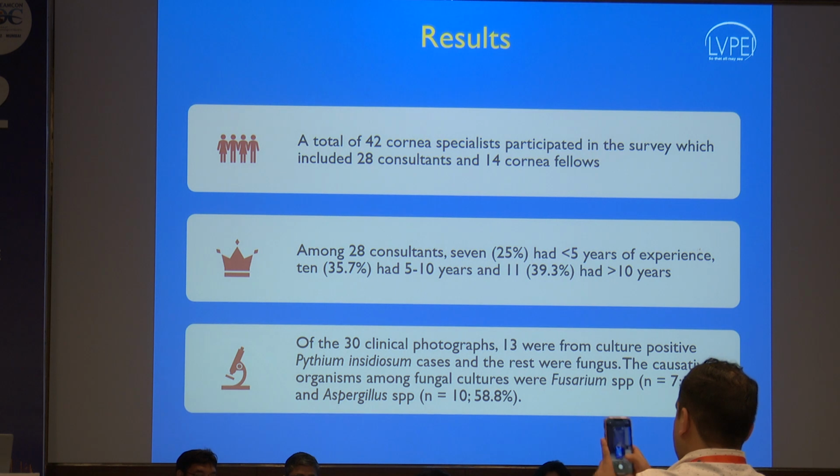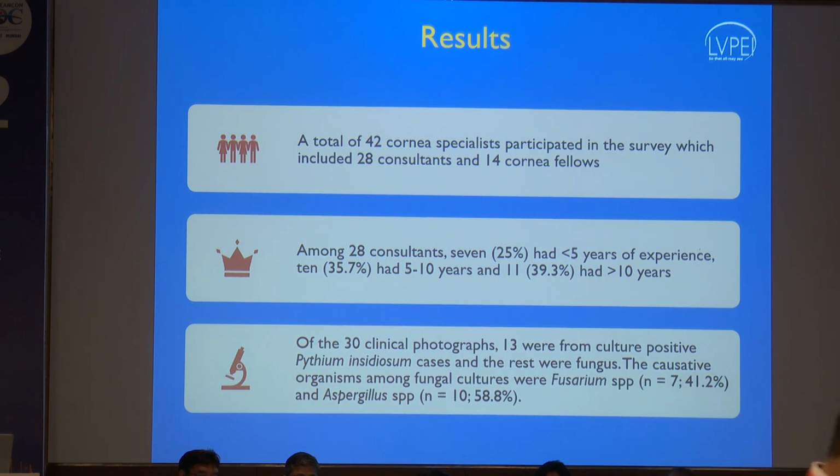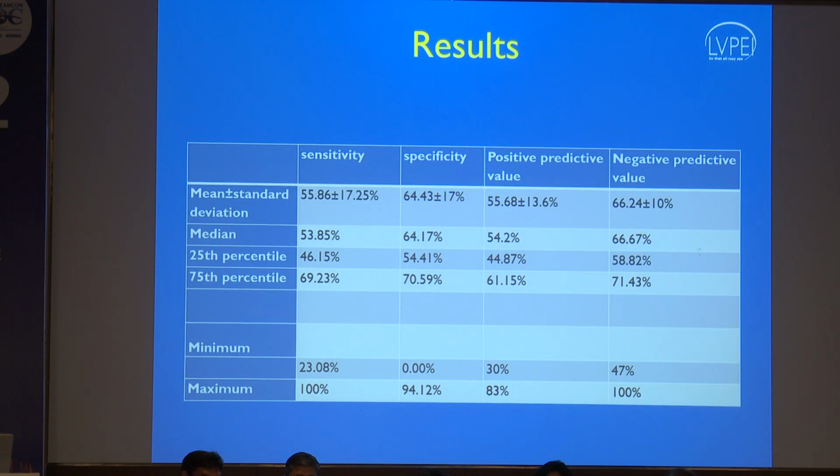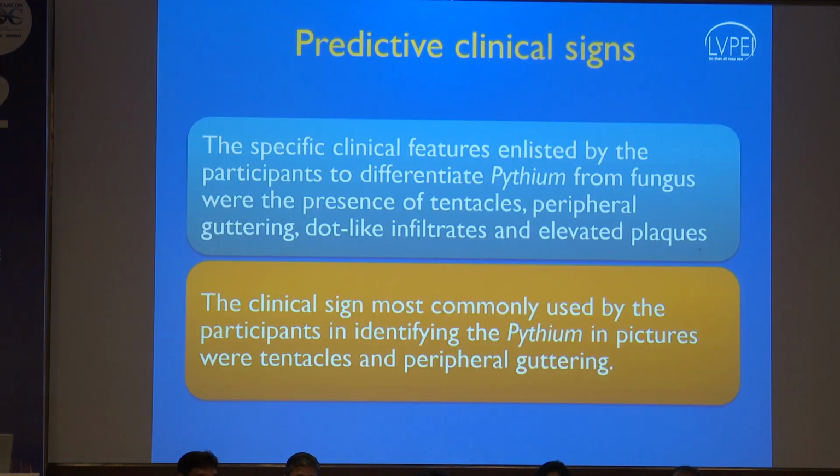A total of 42 cornea specialists participated in our survey, out of which 28 were cornea consultants and 14 were fellows. Among the 28 consultants, 7 had less than 5 years of experience, whereas 11 had greater than 10 years of experience in this field. The sensitivity of differentiating Pythium keratitis from fungal keratitis was nearly 55.86%, specificity was 64.43%, positive predictive value was 55.68% and negative predictive value 66.24%.